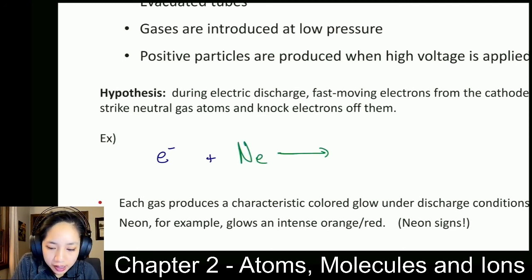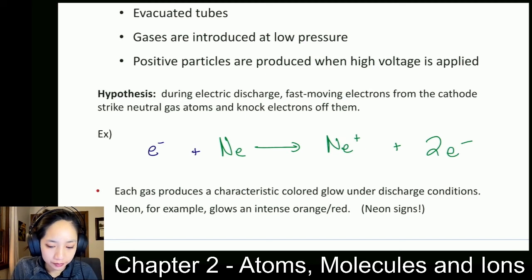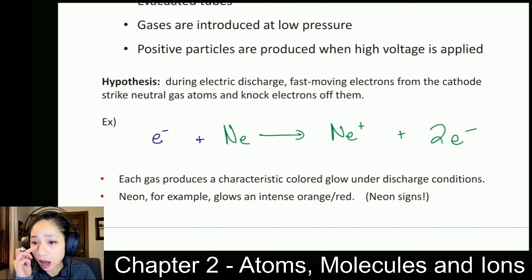And what this hypothesis says is that this highly energetic electron will knock an electron off of that neutral neon. So what you'll get in the end is a neon with a positive charge and then electrons knocked off of it. And so they did this with a lot of different gases.